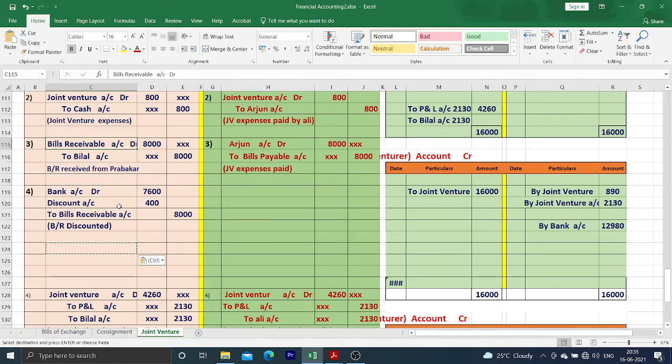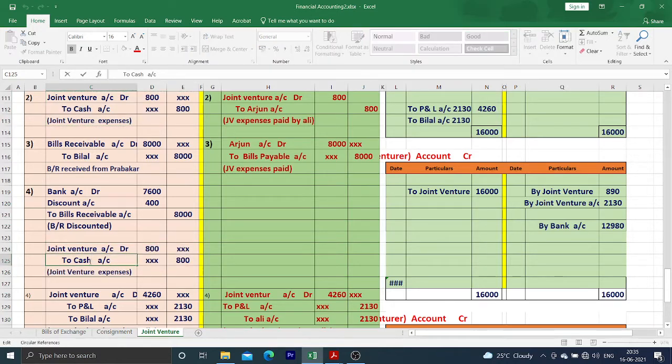Joint venture account debit, Prabhakar account credit, for the expenses. Cash we have to record on his name, Prabhakar. Amount is 1,100.